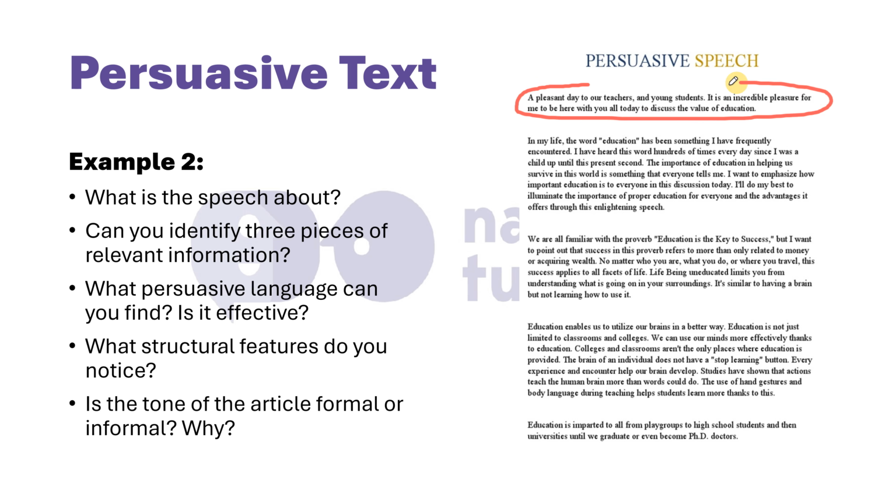So first of all, I do notice that this is clearly a speech being given by a student to teachers and their peers, possibly at some kind of awards ceremony or special meeting for parents and teachers. Second of all, the second paragraph tells me what they're going to be talking about and why, the importance of education, and why this writer thinks the importance of education should be highlighted.